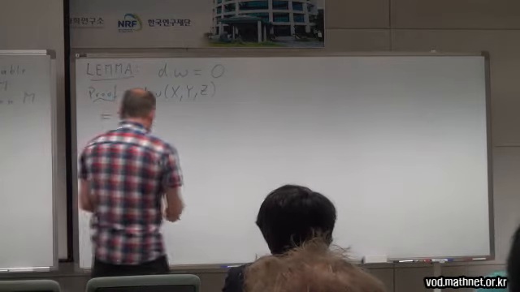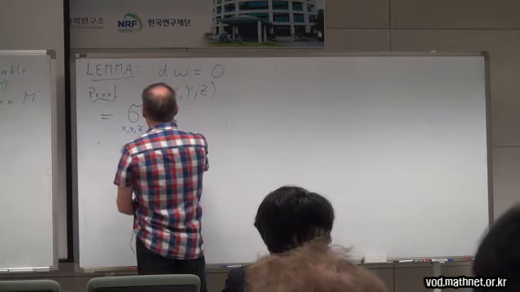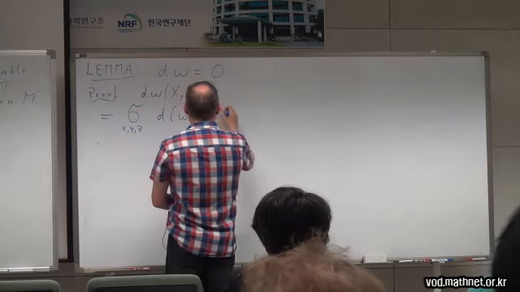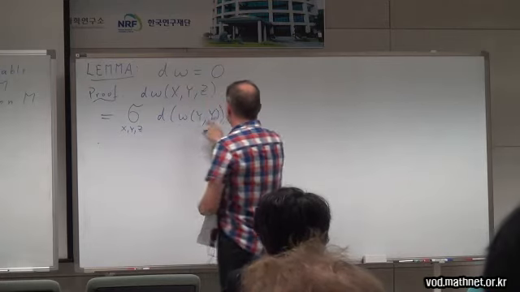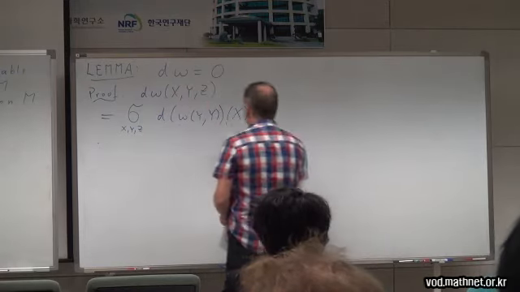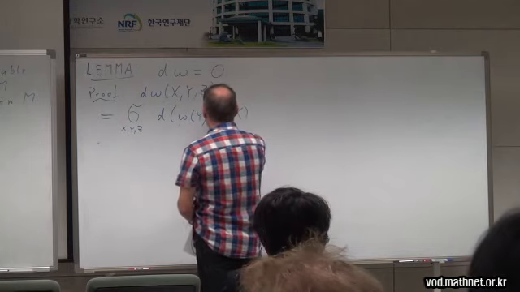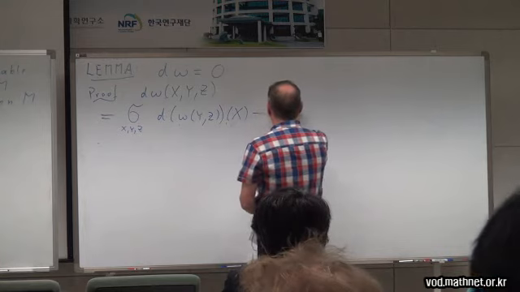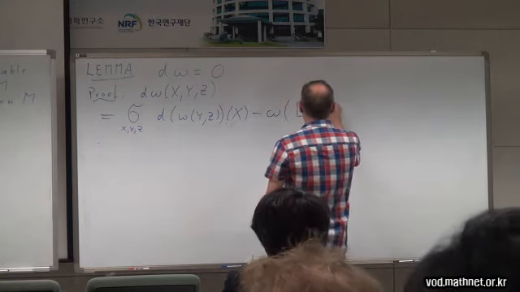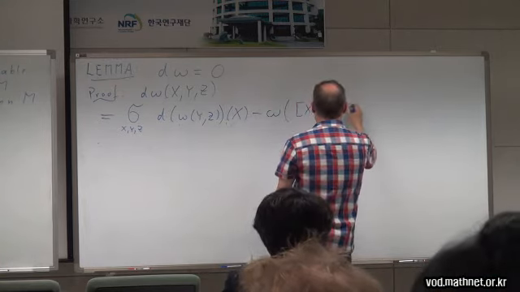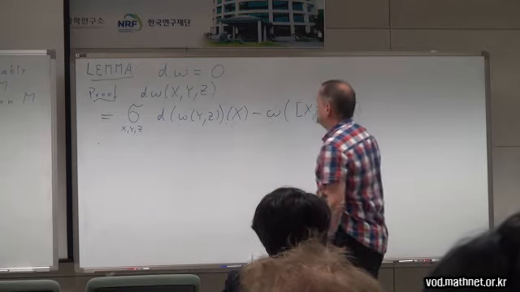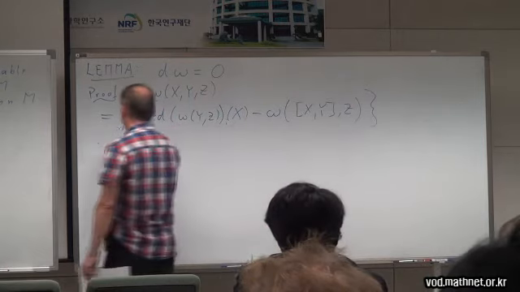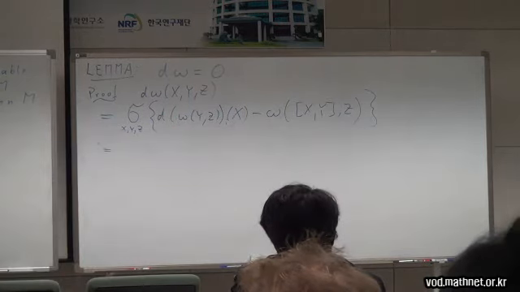Of X, Y, Z we have: d omega of (Y, Z), so we differentiate omega(Y, Z) with respect to X, and subtract omega of [X, Y] and then Z. So this is how omega is defined.